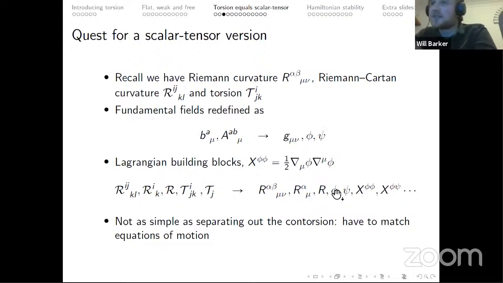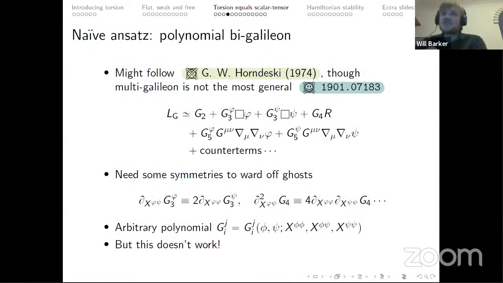So in order to build the scalar tensor theory, we're going to have at our disposal Riemann curvature, the scalars, and also their kinetic terms, which I write with an X. The torsion theory, remember, was built with these quadratic invariants of Riemann-Cartan curvature and torsion. So you come up with an ansatz for your scalar tensor theory. Something obvious to pick is just this extension of the Horndeski theory.